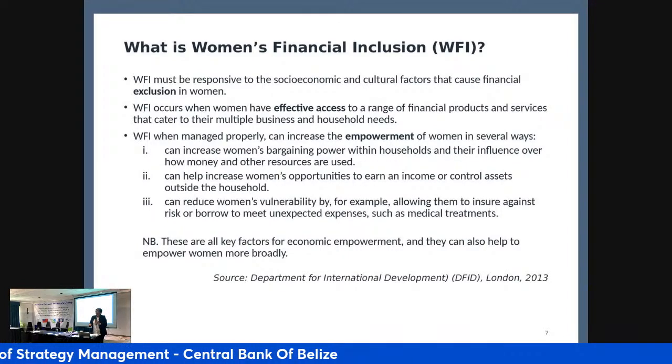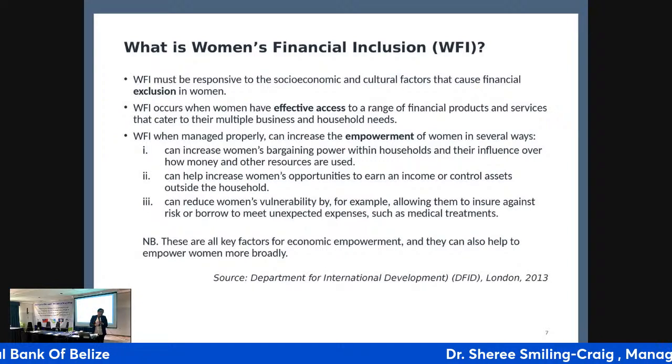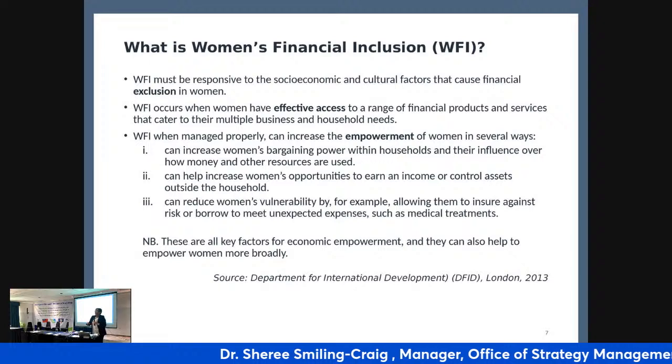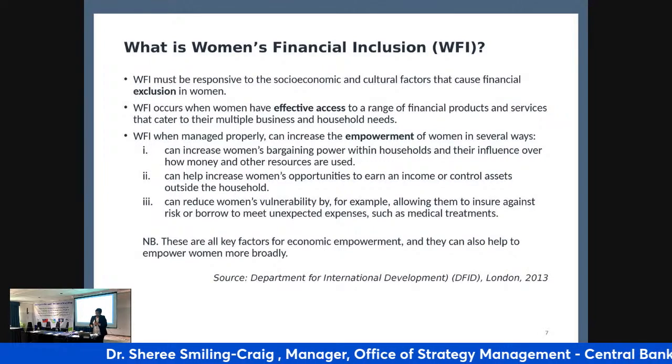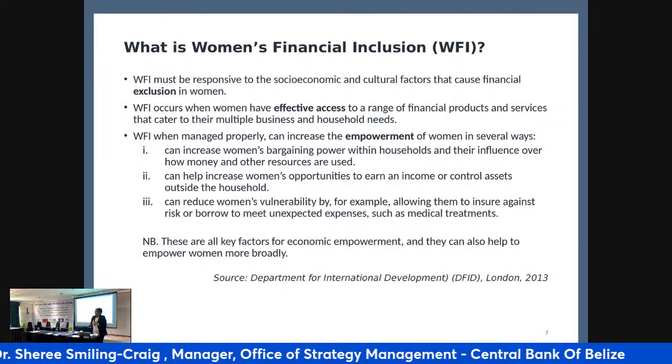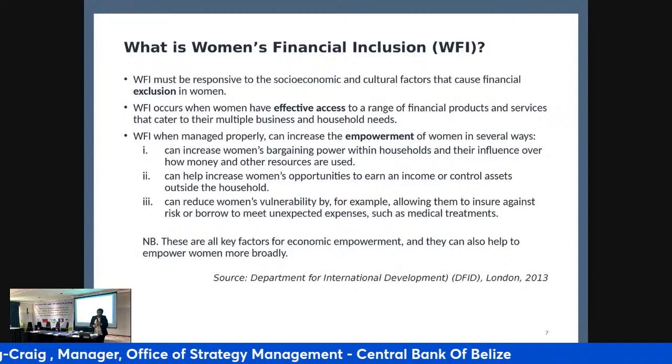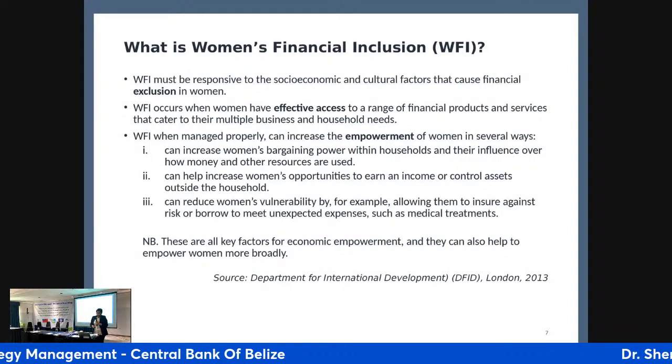We go out and get it. We don't normally wait for the men folk to say we need. They will go out and get it to a large extent. And many of our households are led by women. So we are a little different from the norm in the region.